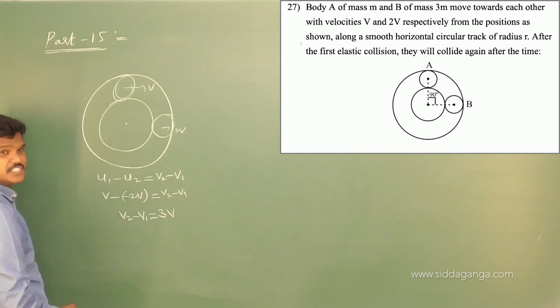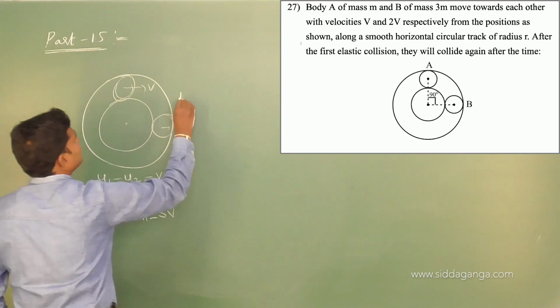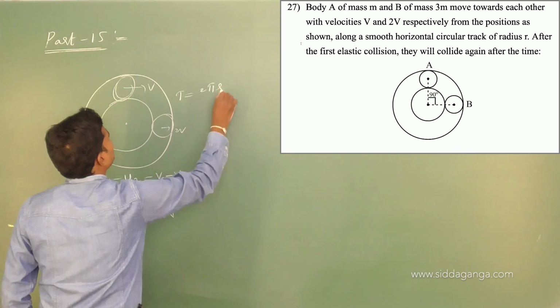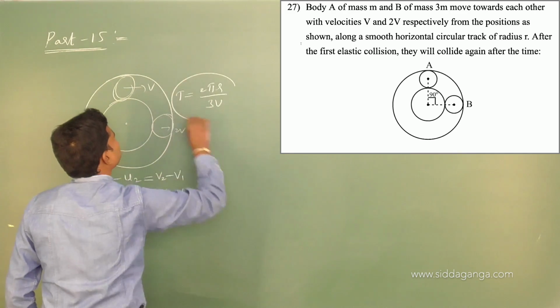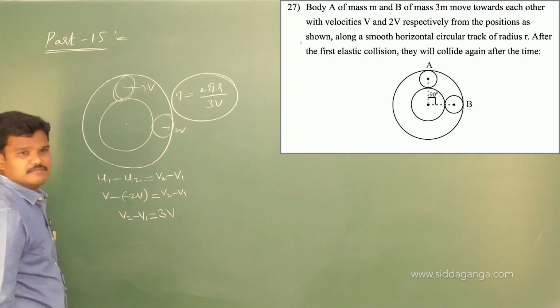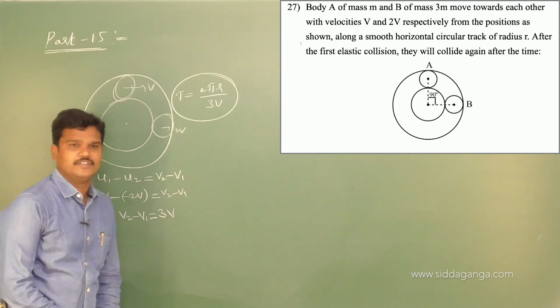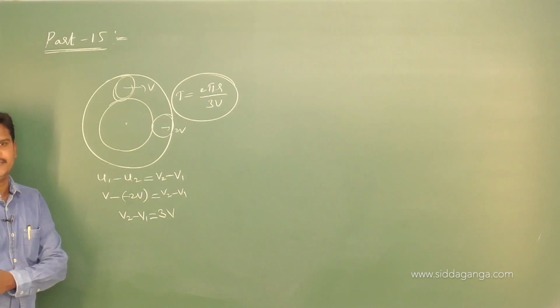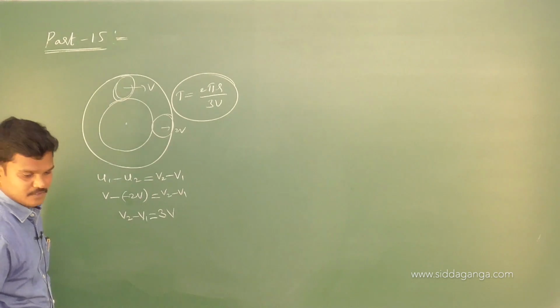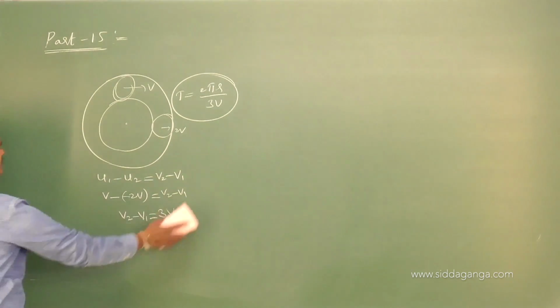What is the velocity in this situation? 3v. They are asking to find time. Time is nothing but 2 pi r by velocity. What is the velocity? 3v, velocity is 3 times v. So this is a direct question. See the next.